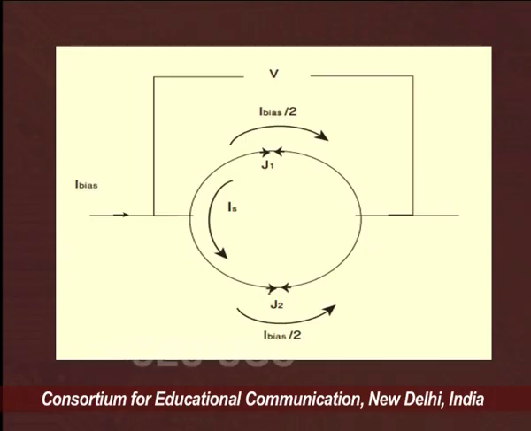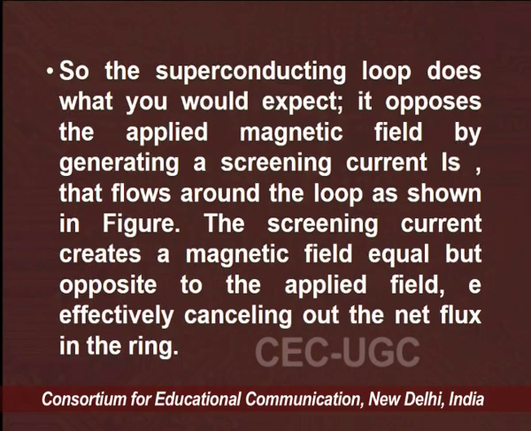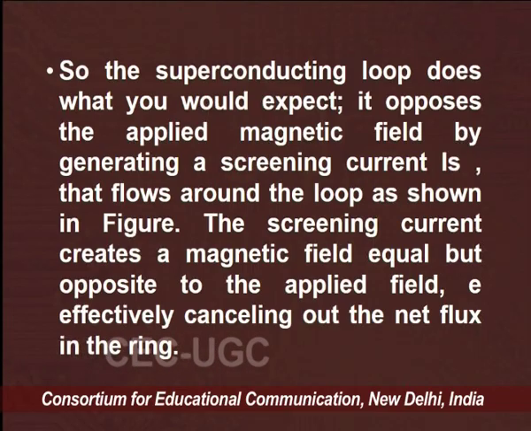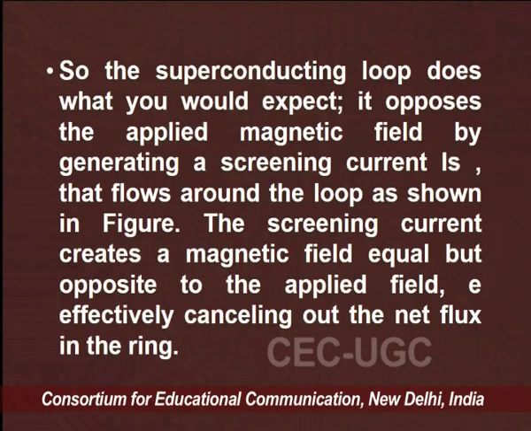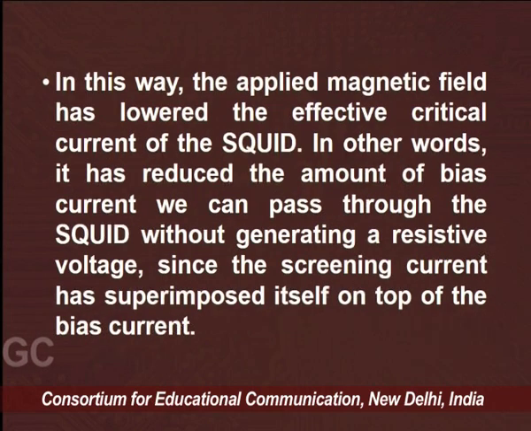This IS is created because of the opposition to the applied magnetic field. The screening current creates a magnetic field equal to but opposite to the applied field, effectively cancelling out the net flux in the ring.